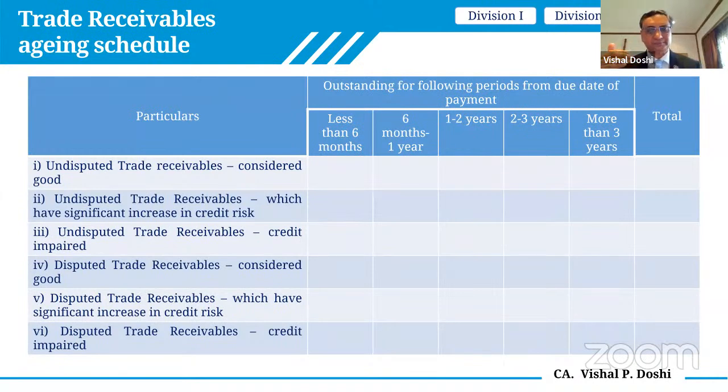Now let us say there is an amount which is disputed, considered good, 2 to 3 years. Right? Then as an auditor, that should also be questioned कि भाई ये dispute में है, 2-3 साल से आया नहीं है या 3 साल से ज्यादा से नहीं आया, फिर भी client बोल रहा है it is considered good. What is the basis of that? What is the documentation for that?